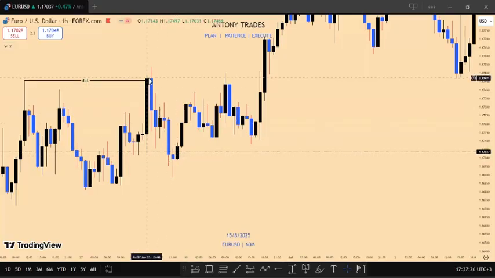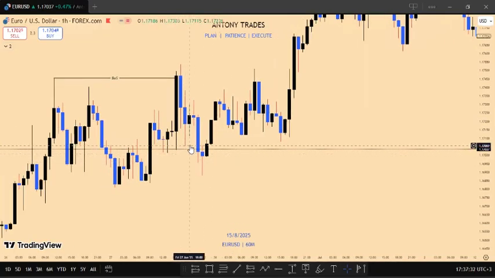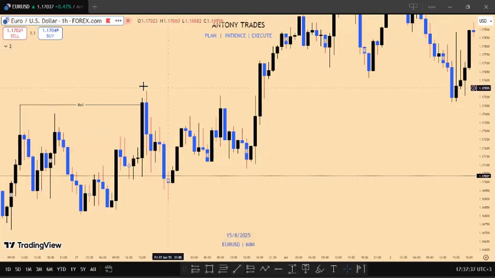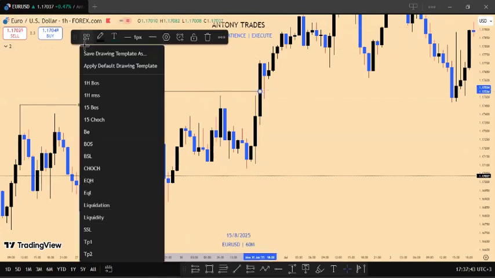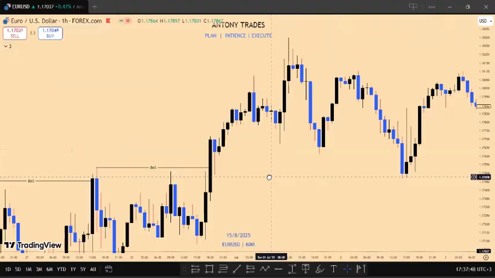The reason is that if you have very big candles that are pushing to the downside, then for me this is also a valid pullback. So I will go ahead and mark this one as a break of structure like that. This for me is a valid pullback.